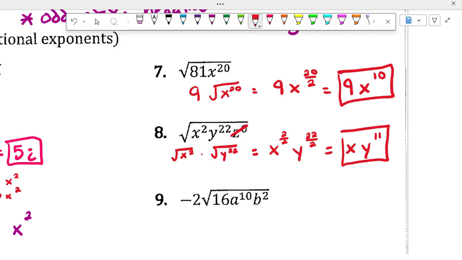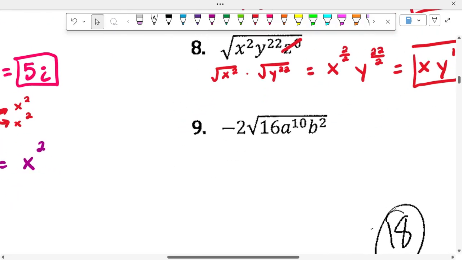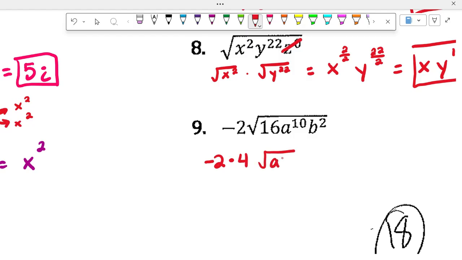All right. Last one. So the negative 2 is on the outside, so whatever we pull out, we're going to multiply by negative 2. So let's do the numbers first. So what's the square root of 16? 4. And then I'm going to separate the other two. So a to the 10, b squared.